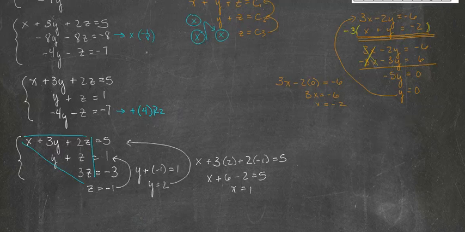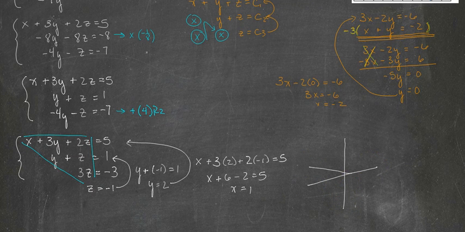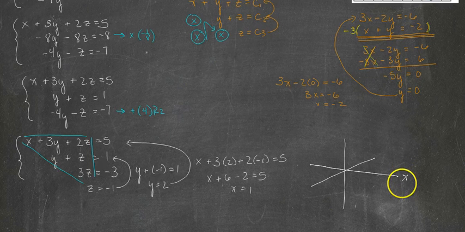So in three dimensions, let's see if I can draw it for you. I'm not usually so good at this. Let's see, how about, well, hang on, give me a second. Okay, where this is the x-axis, this is the y-axis, and this is the z-axis in three dimensions. X equals 1, right?